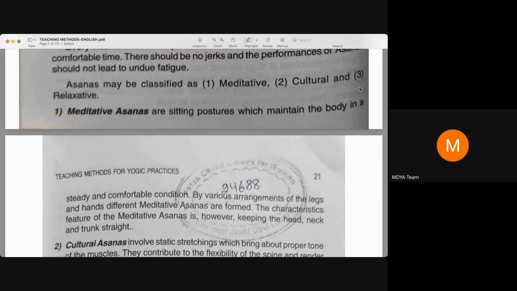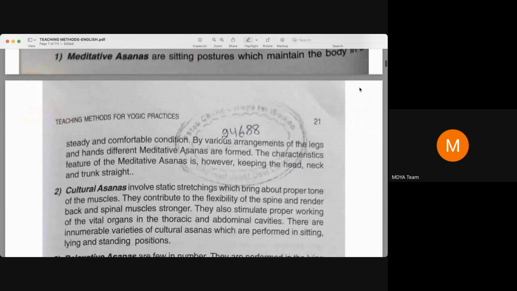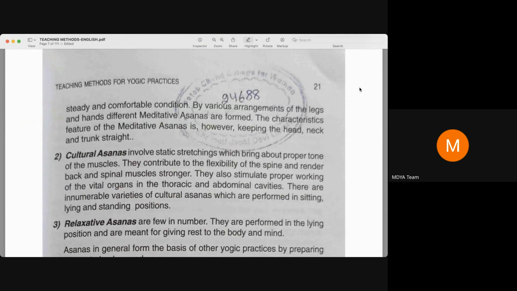Your spine and neck should be straight, but in a comfortable condition, because meditative asanas can be done for a few minutes, extending to half an hour or more. By various arrangements of legs and hands, the different meditative asanas are formed. The characteristic feature of meditative asana is that you keep your head, neck and trunk straight.